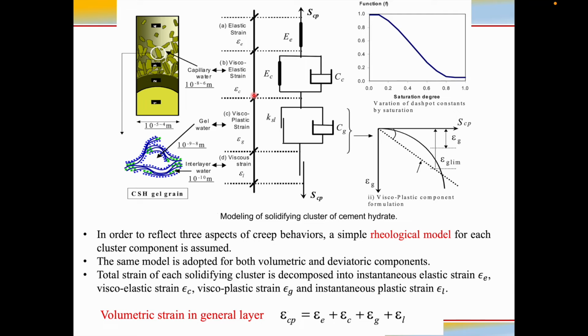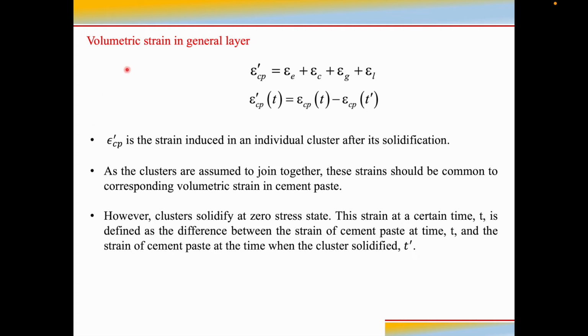Total strain of each solidifying cluster is decomposed into instantaneous elastic strain, epsilon E, viscoelastic strain, epsilon Z, viscoplastic strain, epsilon G, and instantaneous plastic strain, epsilon L. So again, volumetric strain in general is the sum of each strain, which looks like this. Each strain has its own property, so we're going to see it in the next slide.